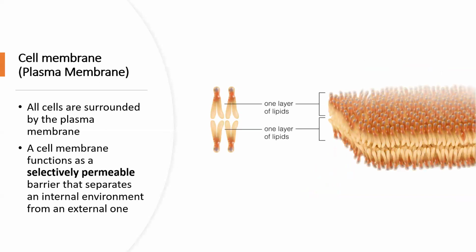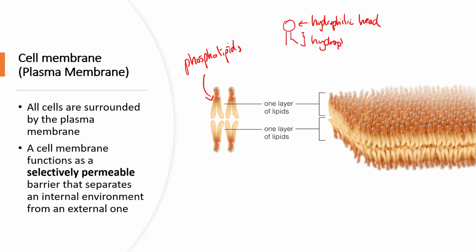Okay, so here is the cell membrane, and in case you forgot, the cell membrane is primarily made up of these things. These are called phospholipids. Remember we learned this on Monday. The phospholipid has a hydrophilic head and hydrophobic tails, right?